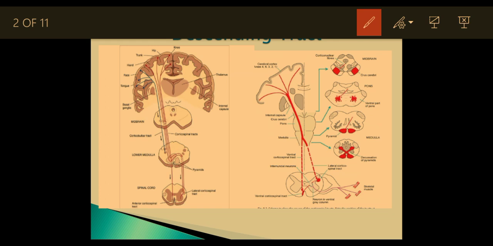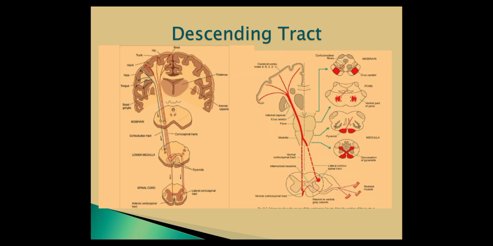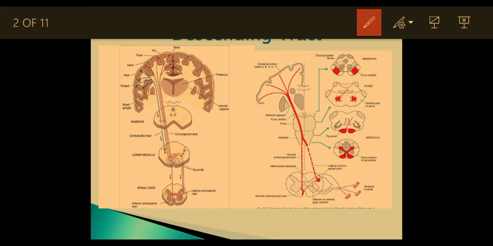So the descending tract runs downward from the higher center to the lower center, and has a uniform origin and uniform termination, and is named only after connecting two masses of gray matter nuclei.